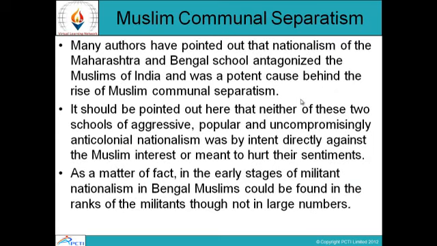Muslim communal separatism. Many authors have pointed out that the nationalism of the Maharashtra and Bengal school antagonized the Muslims of India and was a potent cause behind the rise of Muslim communal separatism.